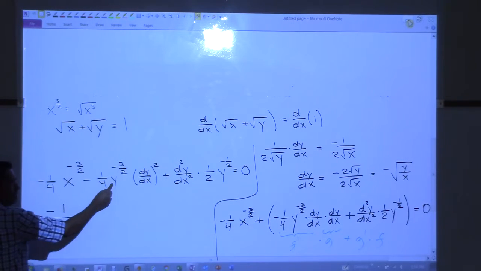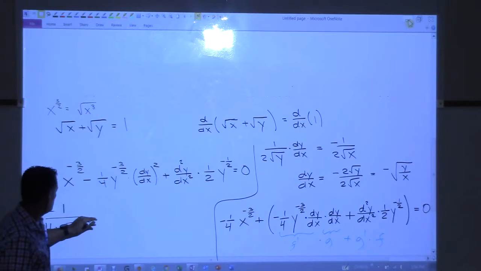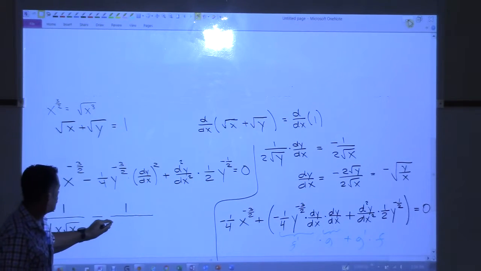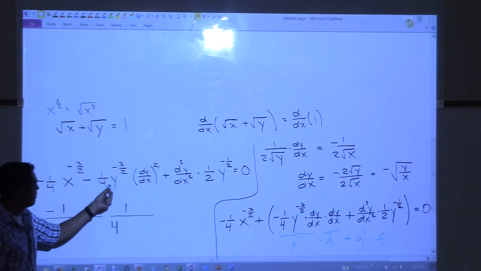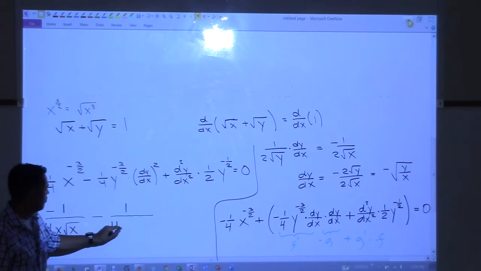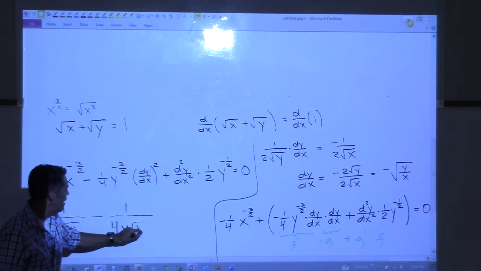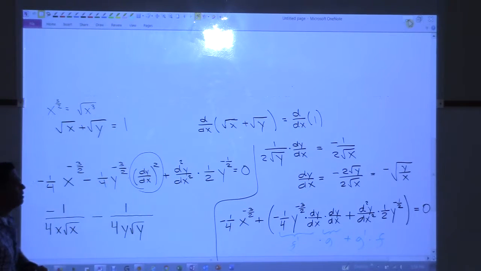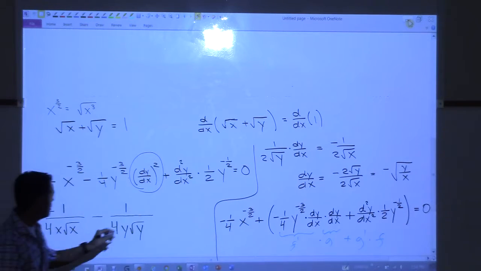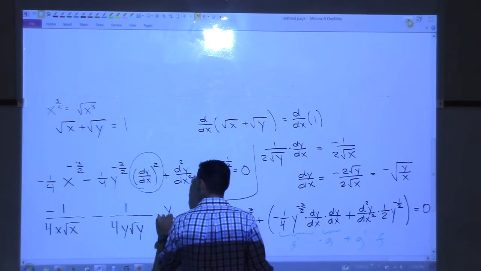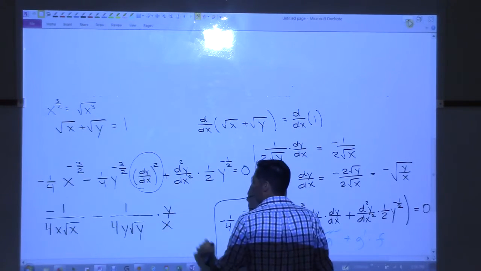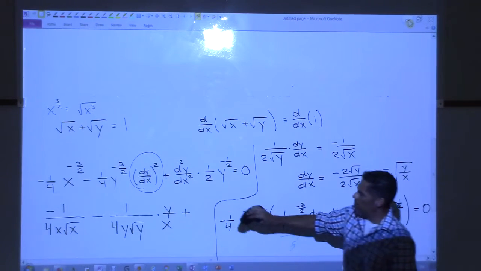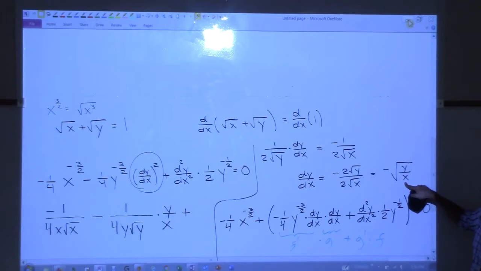I'm going to try and do the same thing on this one. So this one will become minus 1 over 4 y, square root y. But then what am I multiplying that times? Y over x, that piece right there. So I'm going to say times y over x. And then plus, it got squared, right?